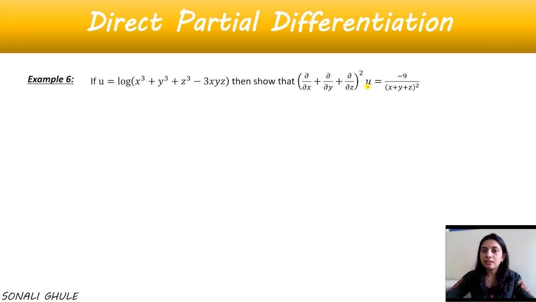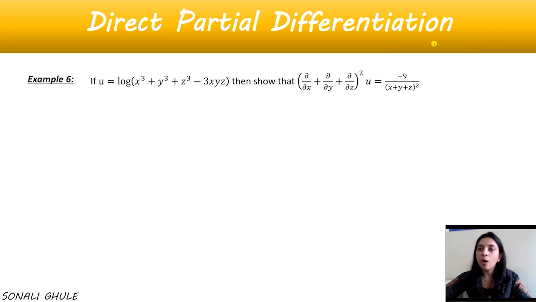Okay, and these are for u. Right? So I have to differentiate u with respect to x, with respect to y, with respect to z. But here you have to check there is a square of this bracket. So I cannot multiply here by this u directly right now. First of all, I have to open this square of this bracket.